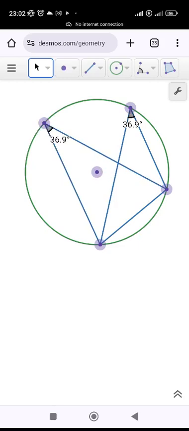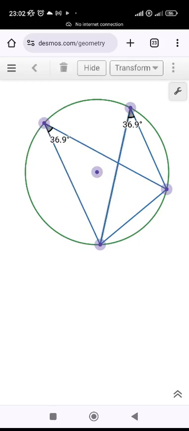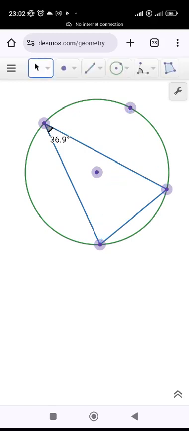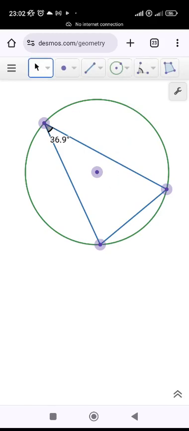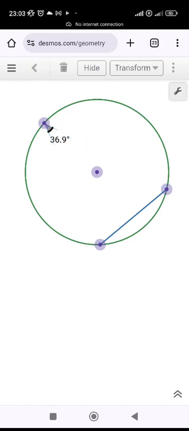Okay, what I do want to point out though in this video, let's maybe get rid of some of these things. This chord that we started out with, let's get rid of all of these other things, even the angle there.